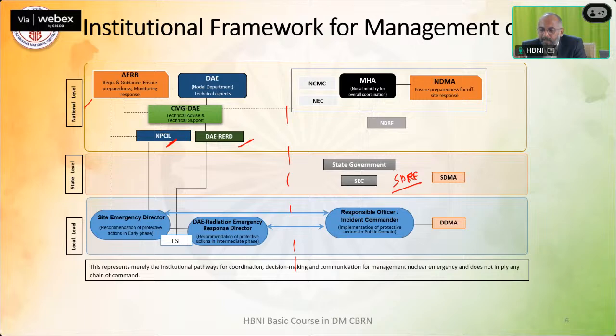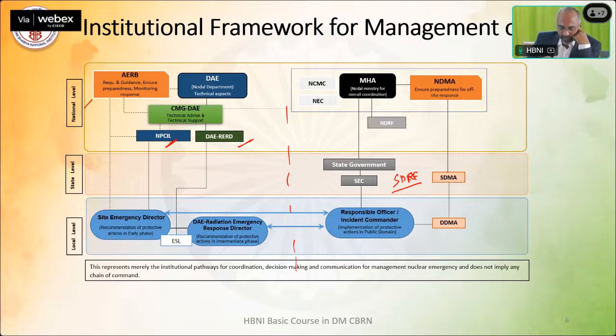And you have NDMA, which ensures the preparedness for offsite emergency response at all levels. They have SDMAs and DDMAs at the state and local levels. So NDMA is the apex body that brings in the policies and guidelines for disaster management, so that you have already learned in the previous lectures.